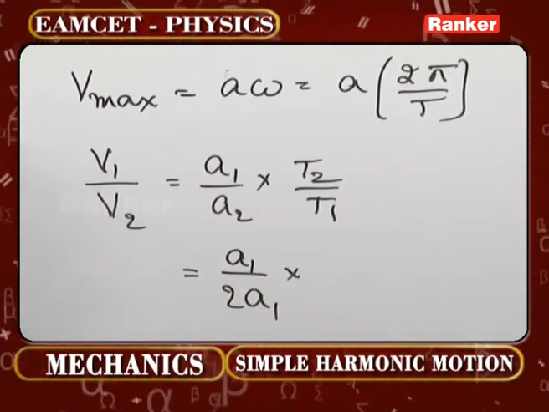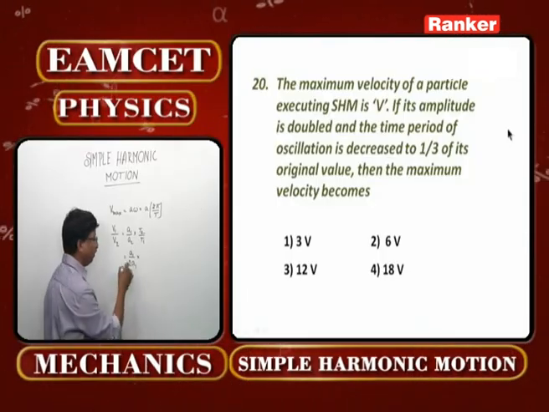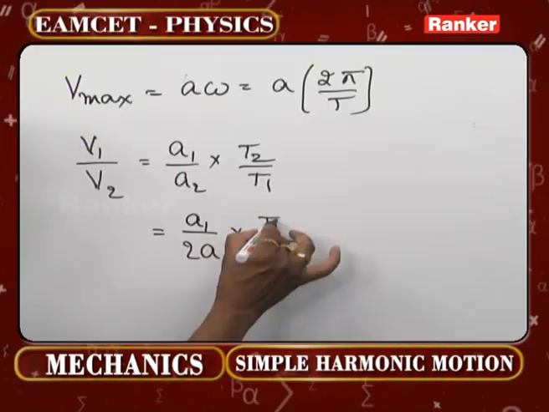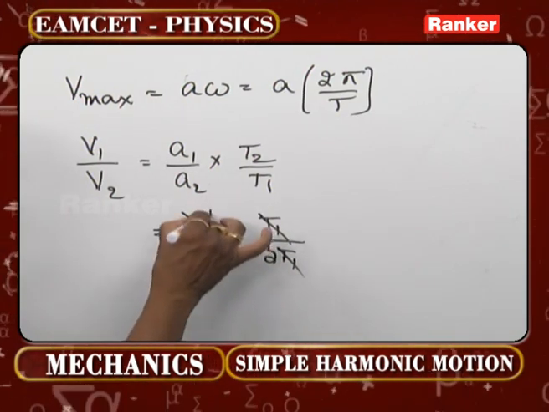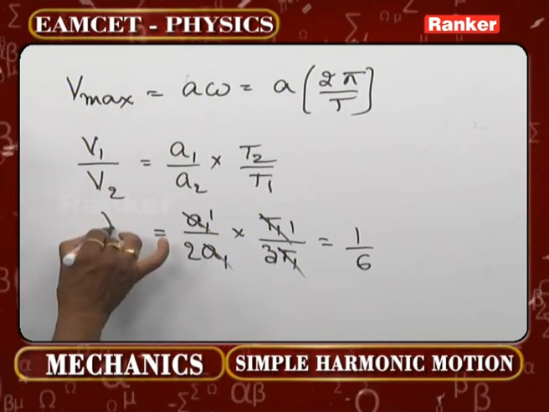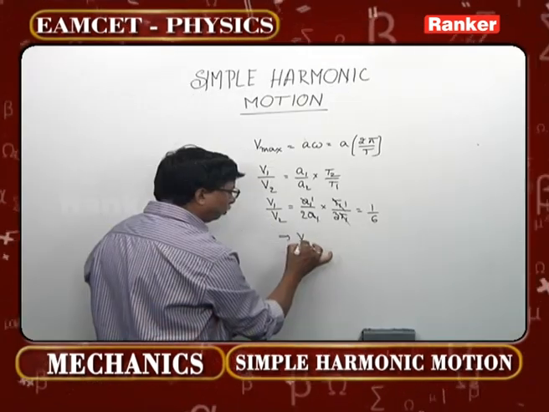What about the time period? Time period decreased to 1/3 of its original value. If I take T1 as it is, T2 will now be T1 by 3. Now T1 gets cancelled, A1 gets cancelled, you are ultimately left with 1 by 6 is equal to V1 by V2. But what is V2, the question?